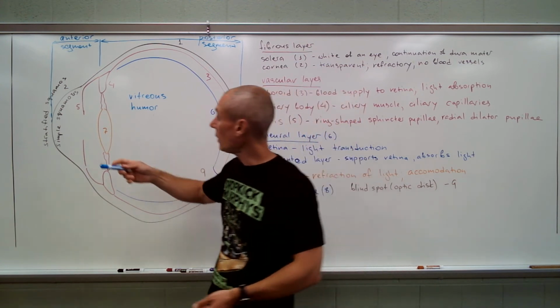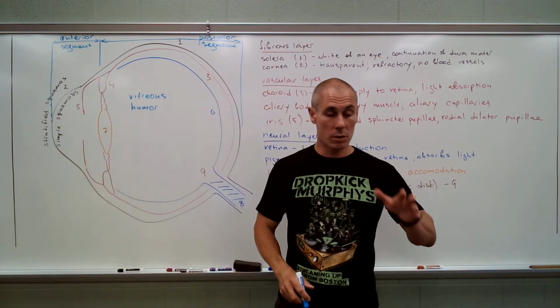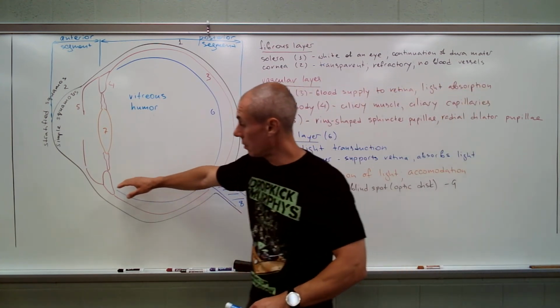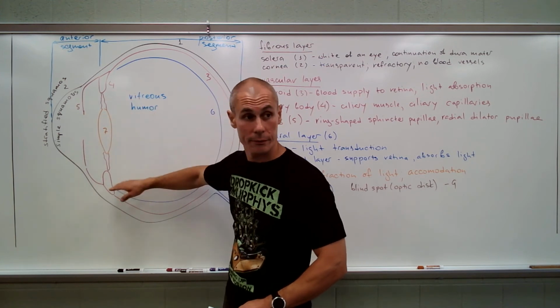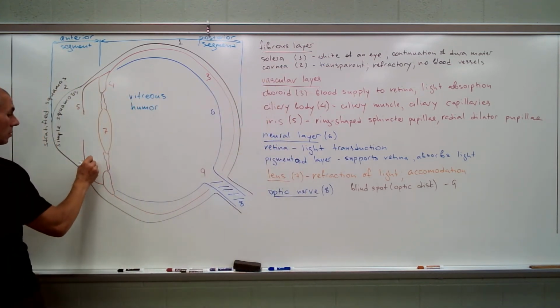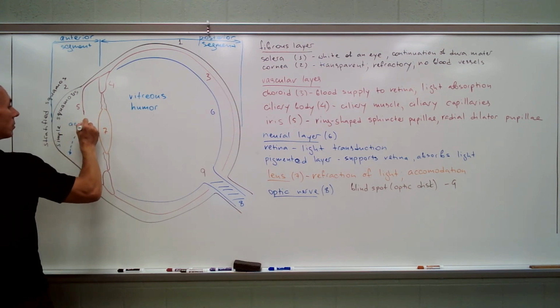Okay. Now, what about the anterior segment? So this is interesting. Turns out that the ciliary capillaries here in the ciliary body produce what's called aqueous humor.